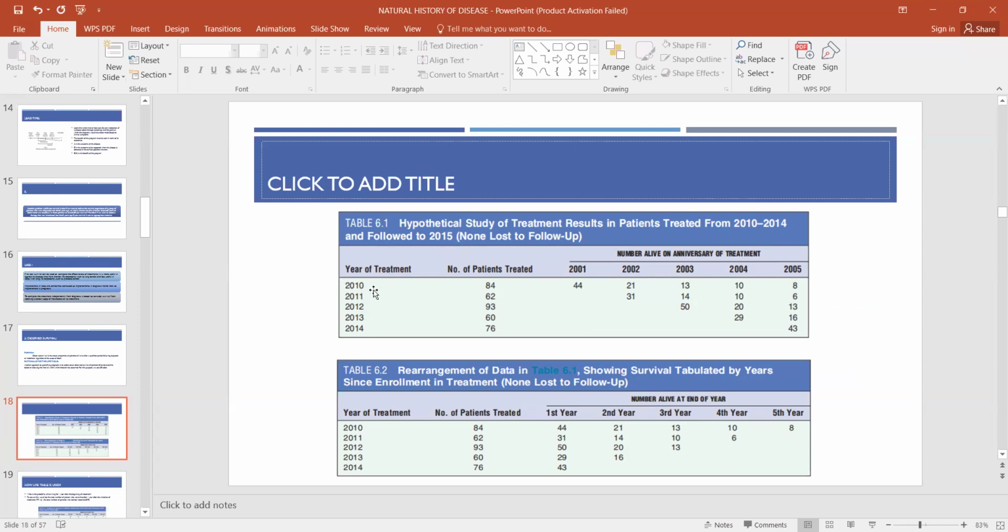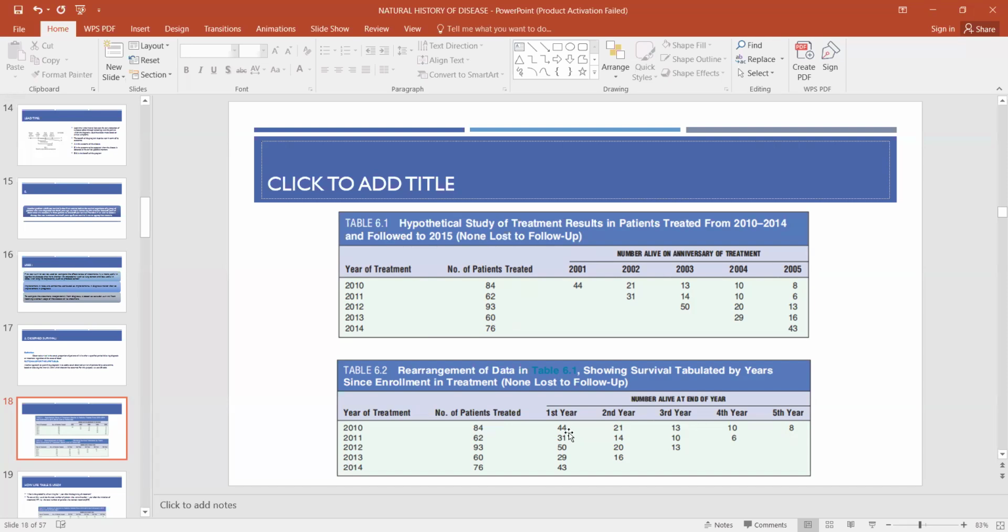This is the year 2010 where these patients enrolled. In 2010, 84 patients enrolled, and these are the patients that enrolled in later years. So if we rearrange this table, we see that in 2010, 84 patients enrolled for the treatment.